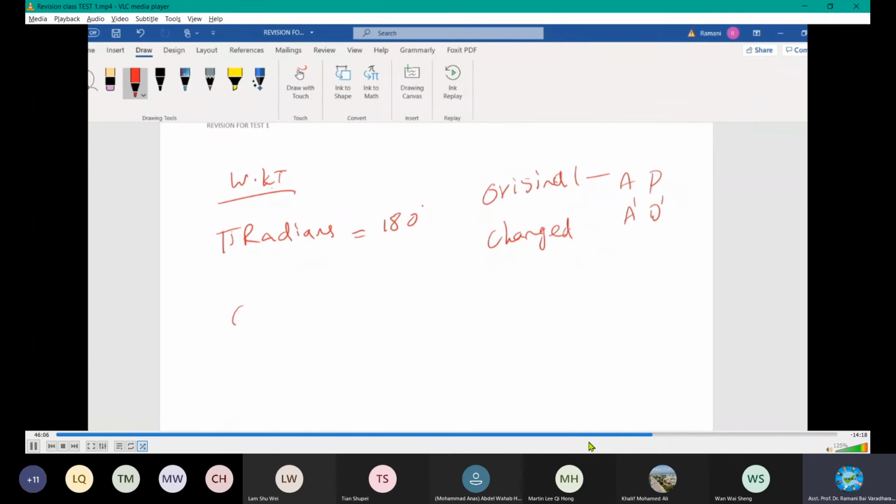So I want to change 2 degrees into equivalent radians. How do you do it? You use this: pi radians equal to 180 degrees. How much will be 2 degrees? What is the answer here? You will get it in radians. How much is it in radians? Give me the answer, please.